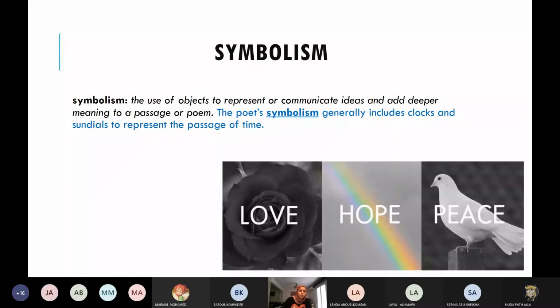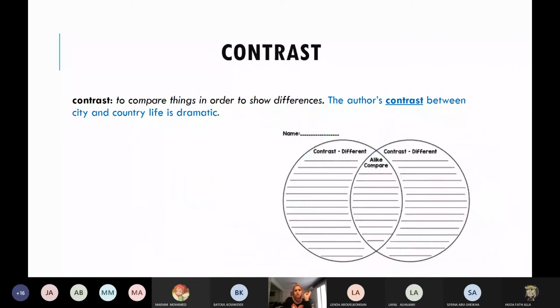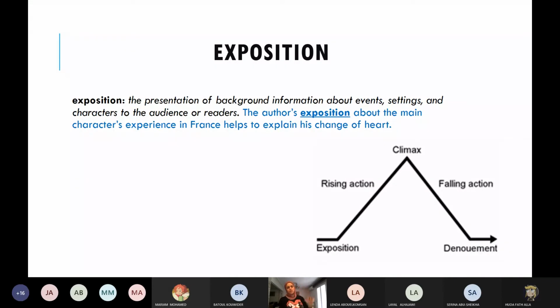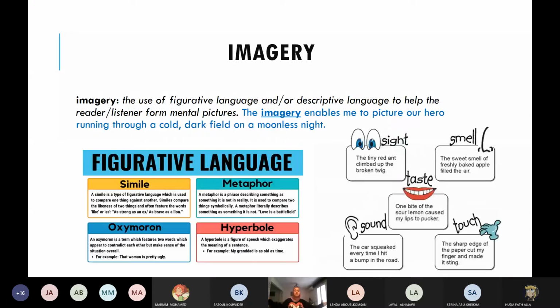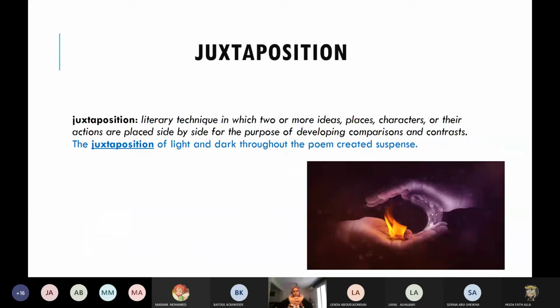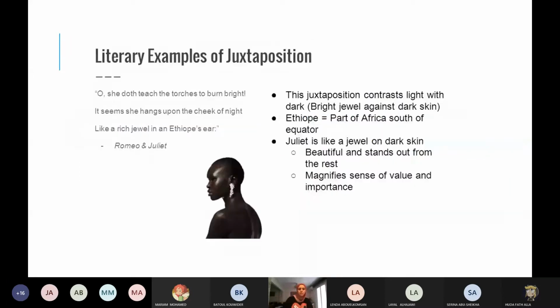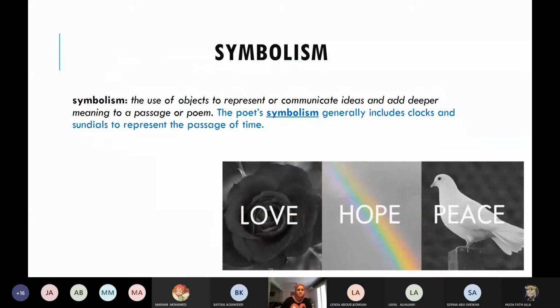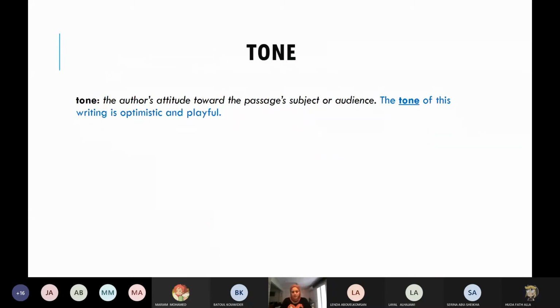So again, we took contrast, exposition, the beginning of the story where we see the setting and the characters, imagery, how a creative author draws the image in the reader's mind, juxtaposition of opposing objects, forces, places, or characters, and symbolism, then the tone.